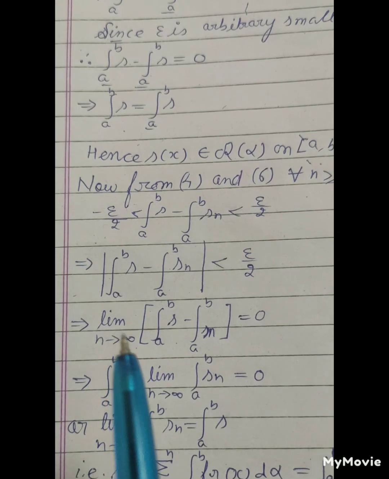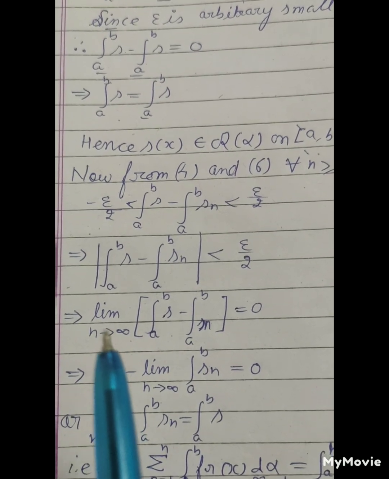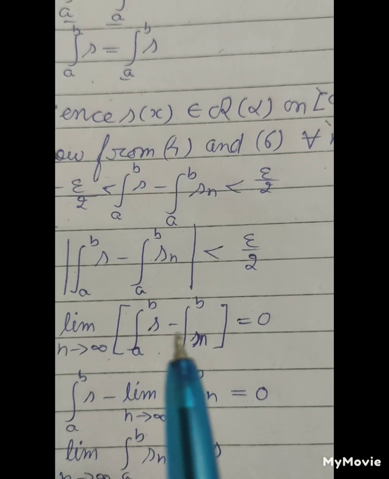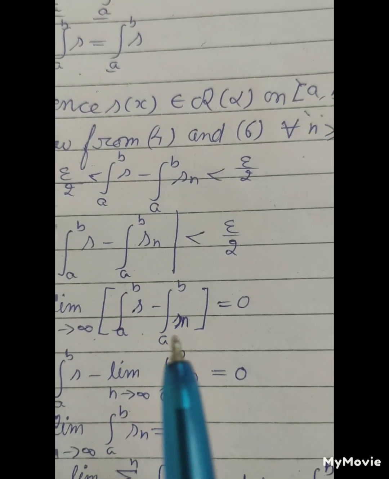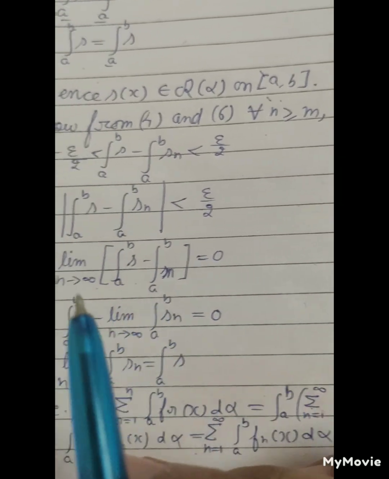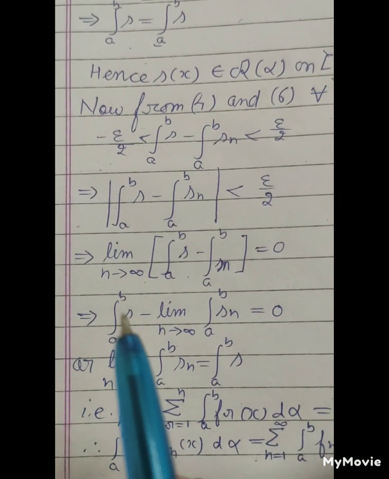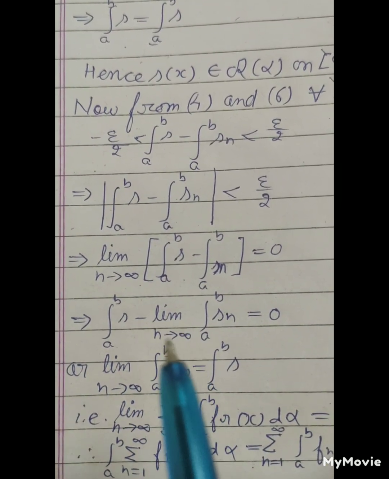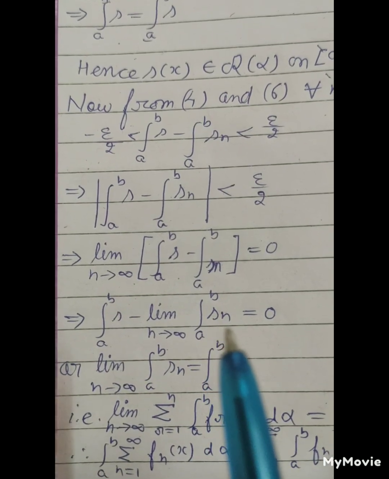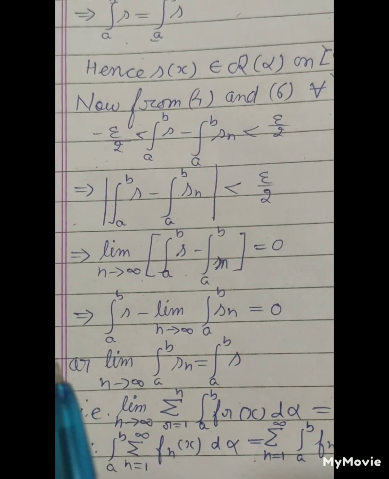This implies the modulus of integral a to b of s minus integral a to b of S_n is less than epsilon upon 2, so limit n tends to infinity of integral a to b of s minus integral a to b of S_n equals 0.